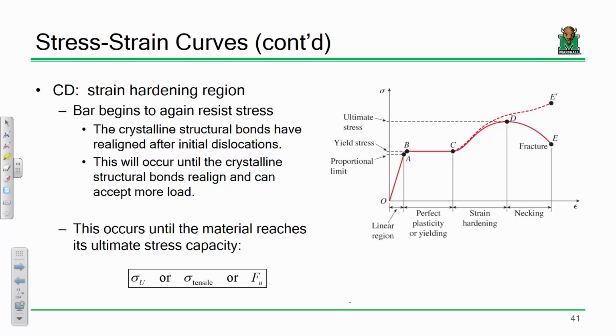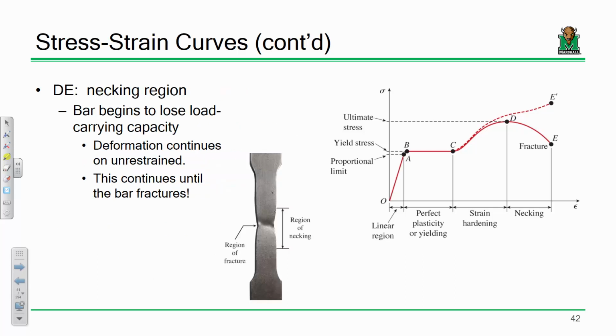And that'll happen until the material reaches what we call its ultimate stress capacity. Sometimes it's called its tensile stress capacity. So it's like the absolute maximum stress that an element can see. Once it reaches its ultimate stress, it begins to undergo a phenomenon called necking. The center of your tensile element area will start to shrink a little bit, and then you'll see it fracture.